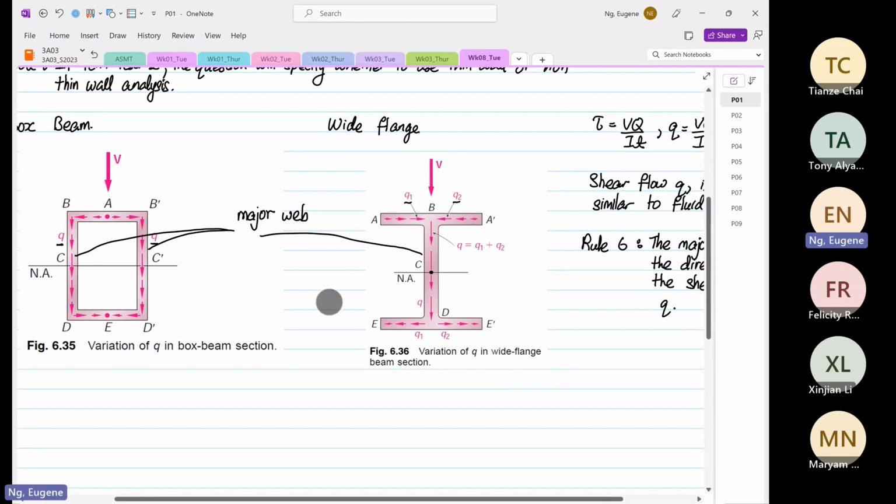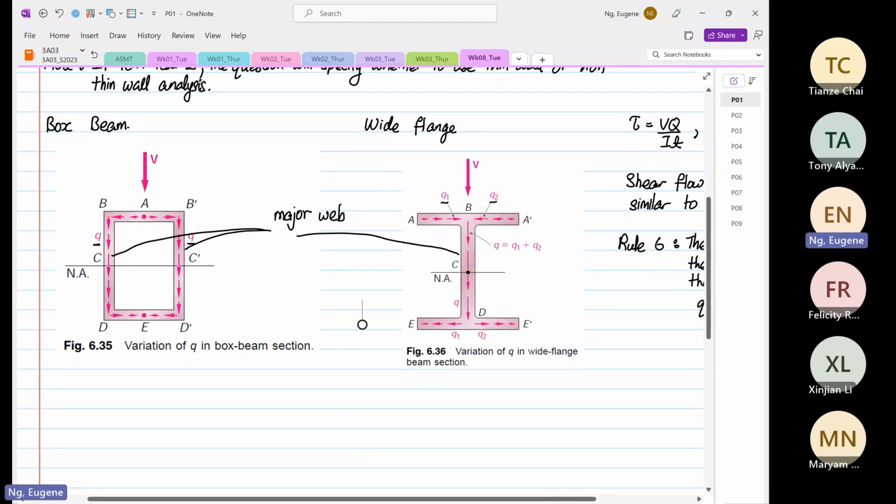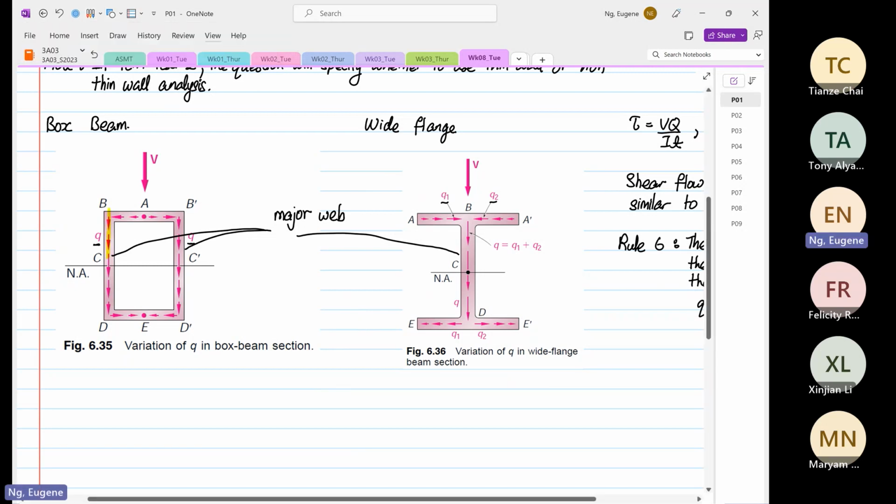Okay, so what do I mean by that? As you can see, if we were to look at the box beam, I'm going to highlight the major web. These are known as the major web. Okay, this is the major web. This is also the major web. So the major web is controlling the shear flow direction.